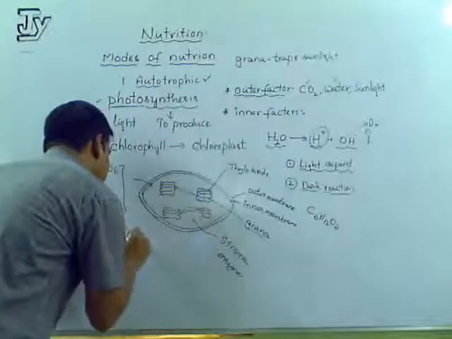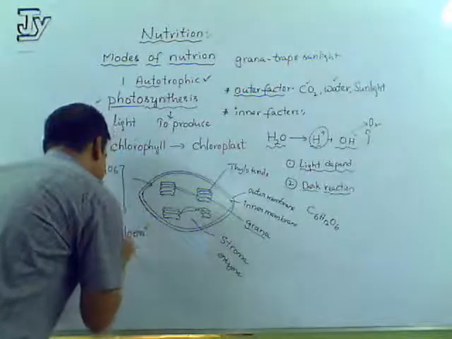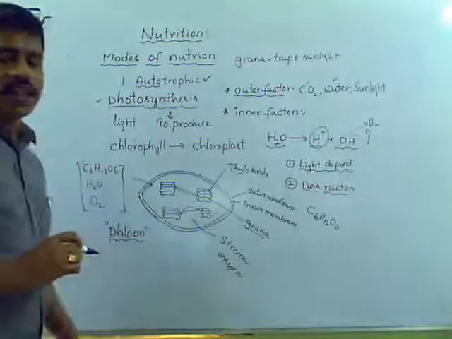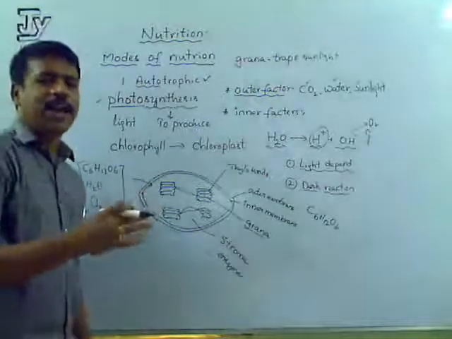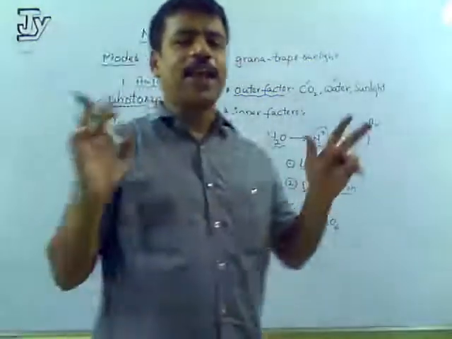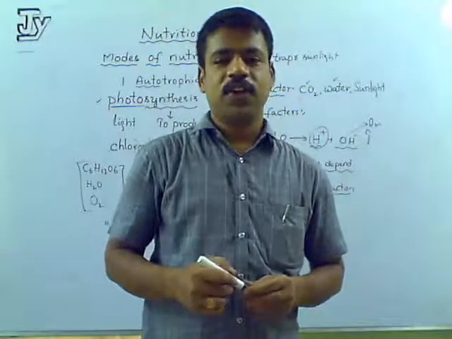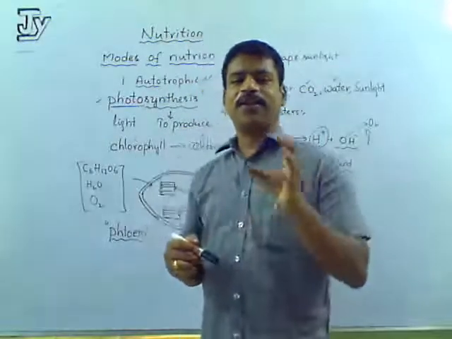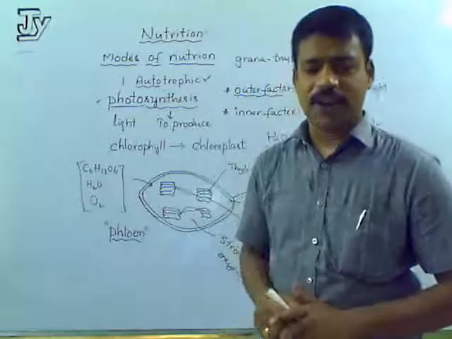By the help of this tissue phloem, a green plant transfers the prepared food material to the entire plant. So this is the information about autotrophic nutrition.